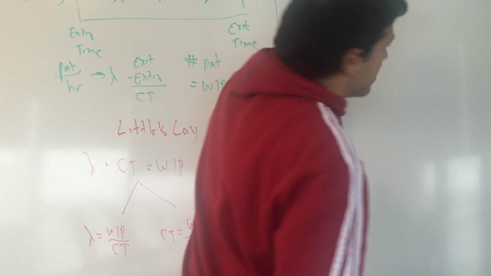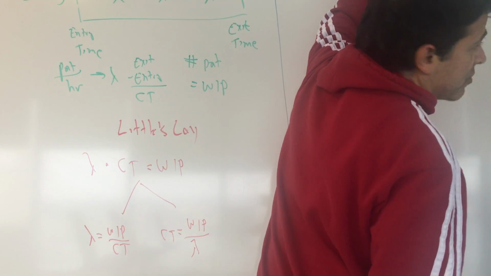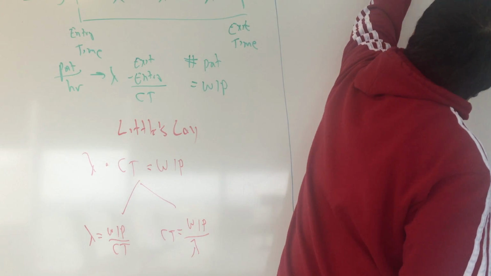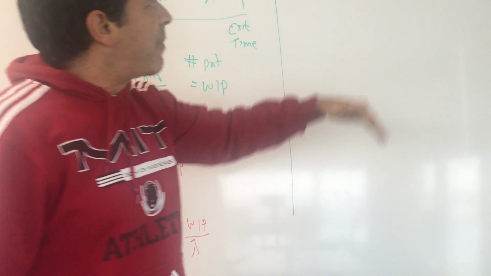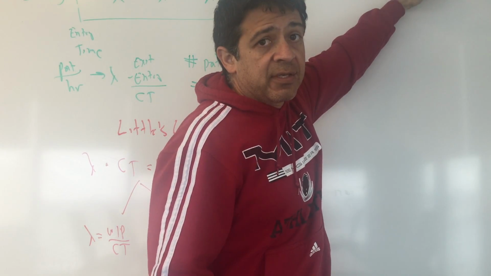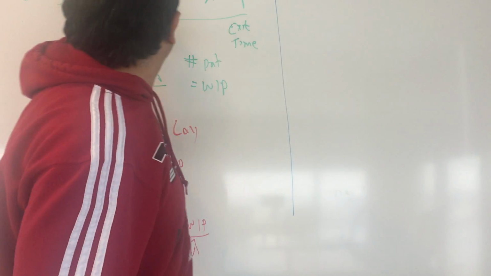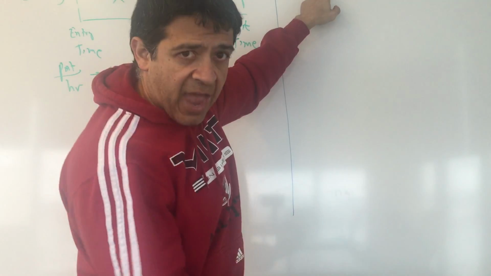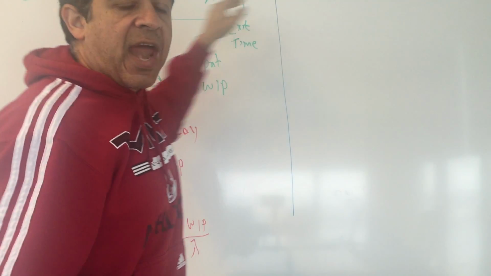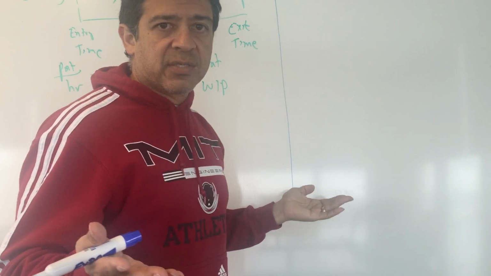So I have 80 patients over an 8-hour period, which tells me that my exit rate lambda is equal to 10 patients per hour. Now notice that I'm actually calculating an exit rate, but I'm going to surmise that the exit rate on average and the entry rate have to be the same. Because if the average exit rate was greater than the average entry rate, that would mean I would have negative inventory, and that's impossible.